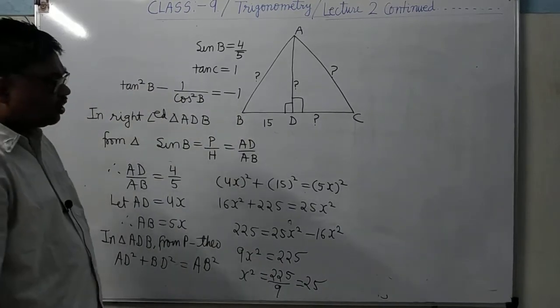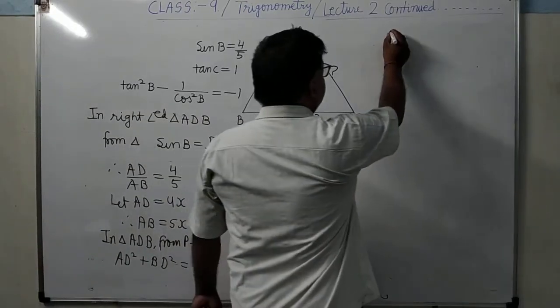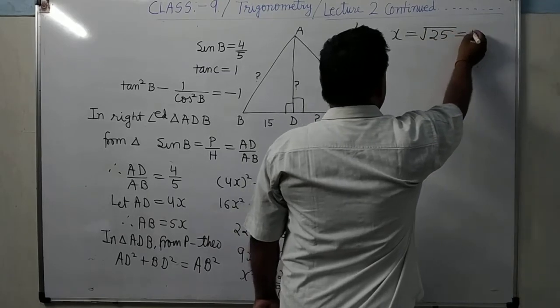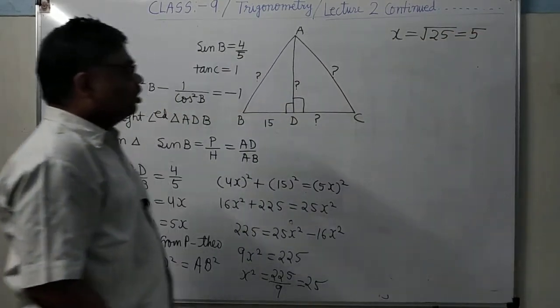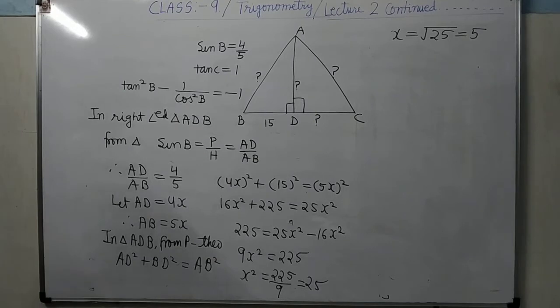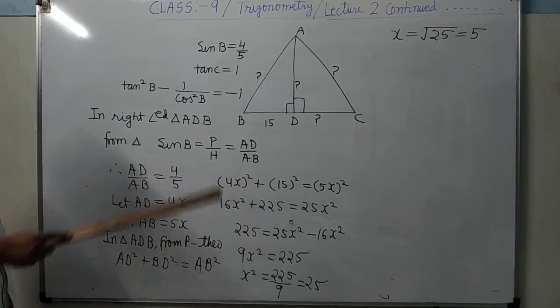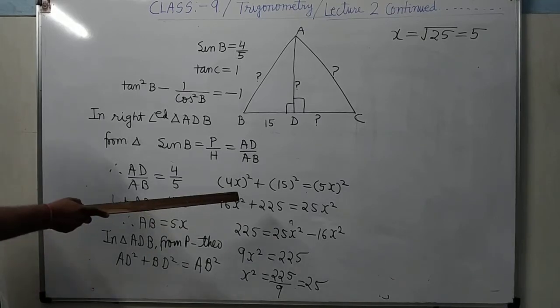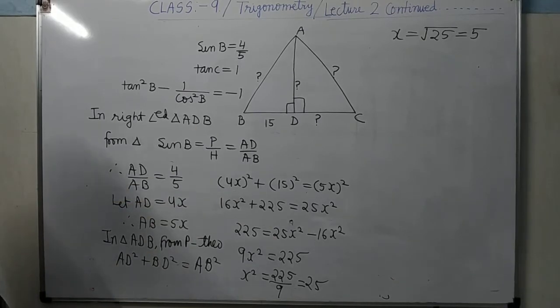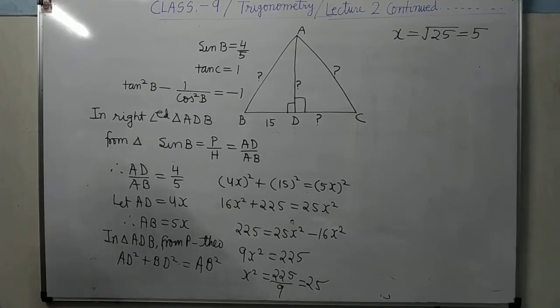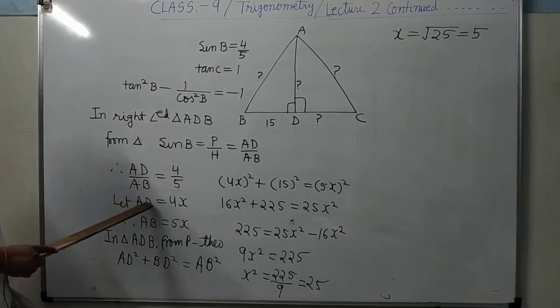X square is 25, so x equals square root 25, that is 5. In this way, after substituting and simplifying, x square comes out 25. So x will be 5.